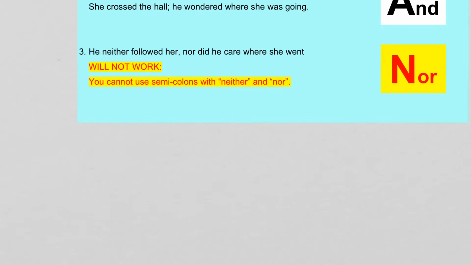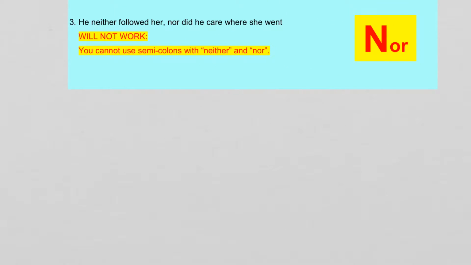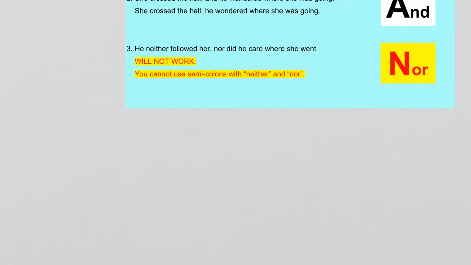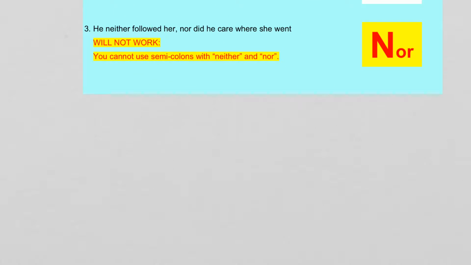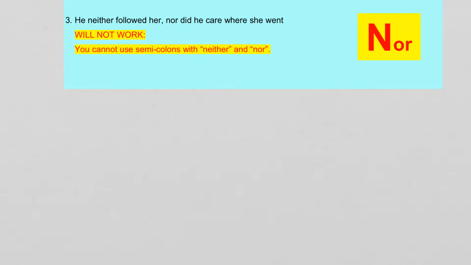Now here's an example of a conjunction that would not work, where you could not put a semicolon in. And this is the conjunction nor. Now, when you use nor in a sentence, it's pretty special, because you have to use it with the word neither, or you could pronounce it neither. I think I'll pronounce it neither. He neither followed her, nor did he care where she went.